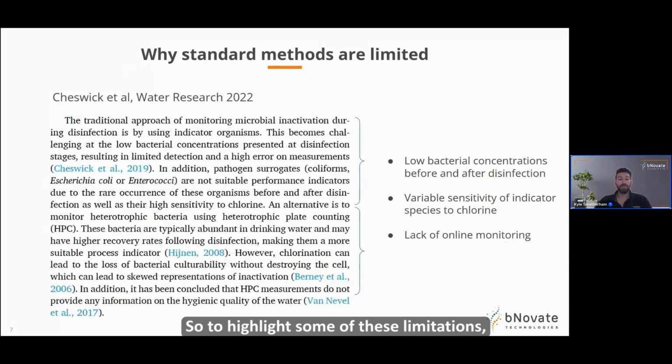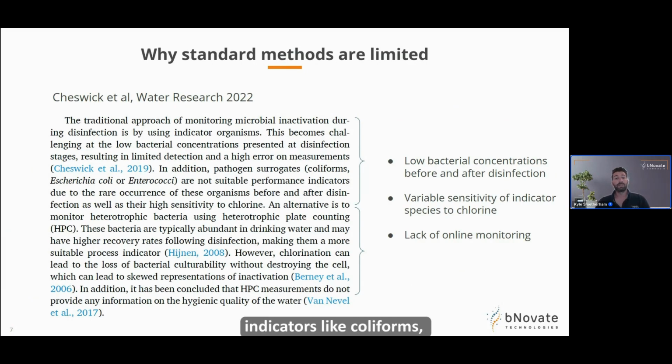So to highlight some of these limitations, here's an extract from a paper by Chiswick et al. It explains that relying solely on these indicator species can be difficult after chlorination because counts are often very low. So this limits the detection through culture-based methods, and it can increase the error.